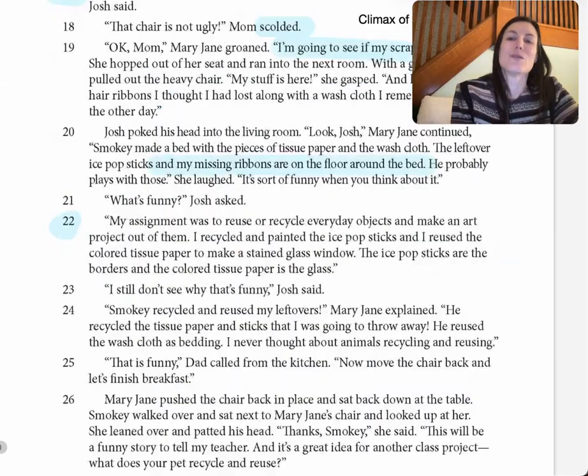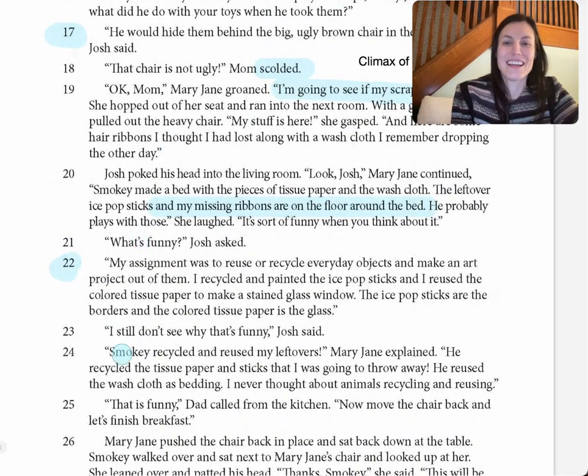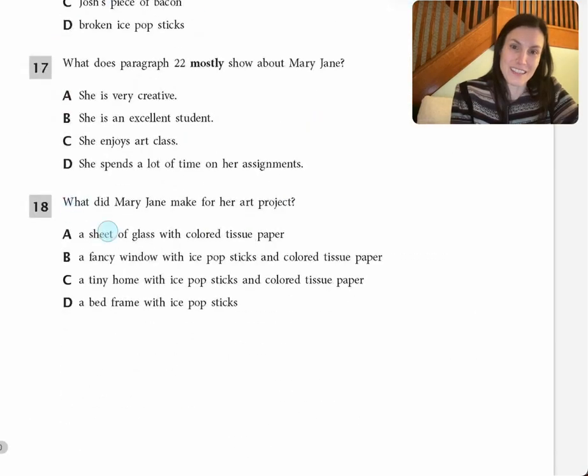But no matter what, we can definitely say if she was able to recycle, paint, reuse the colored tissue, and make a stained glass window, that's pretty fancy, right? So we could say this has to be her creativity. So this one, yes, she could be an excellent student and enjoy art, but the author here wants us to know that she is creative.